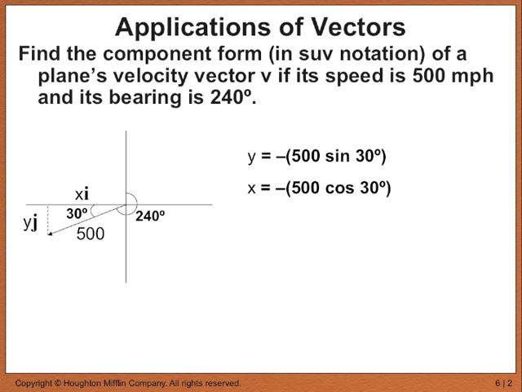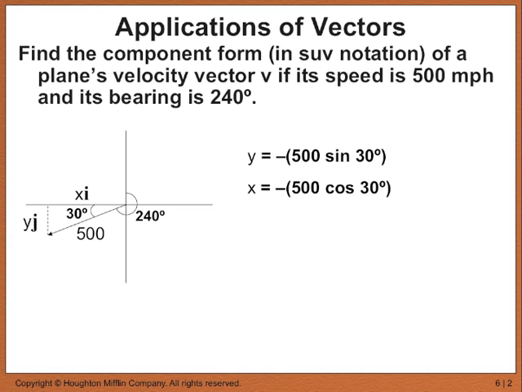Now, why do we have 500 sine 30 degrees? Well, sine of 30 degrees is opposite over hypotenuse, and my opposite here is y, and my hypotenuse here is 500, so 500 times sine 30 degrees must be y. Likewise, we can do something similar for x.